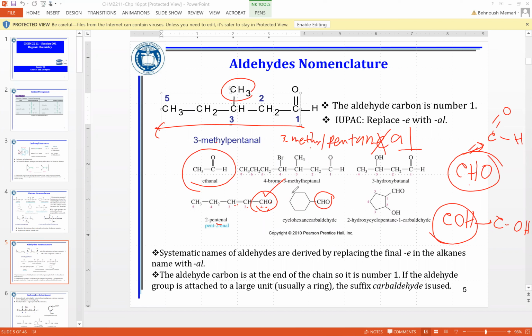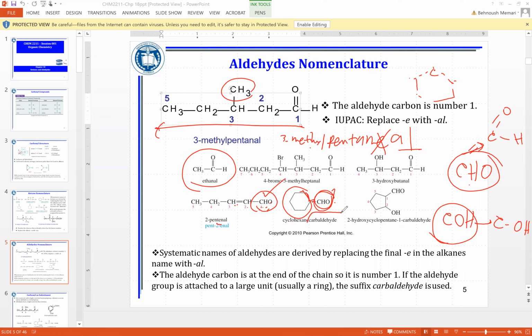There is no cyclic aldehyde. Why is there no cyclic aldehyde? Because in a cyclic system, if you have C, part of the cyclic system, it is attached to 2 carbons. So it doesn't make sense to have a cyclic aldehyde, but you could have an aldehyde functional group attached to a cyclic system. In this case, you would name the cyclic system and say carbaldehyde.